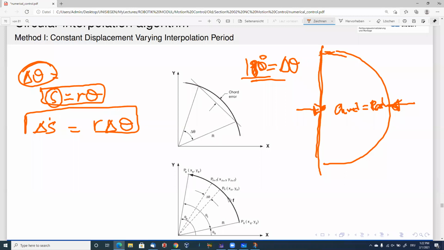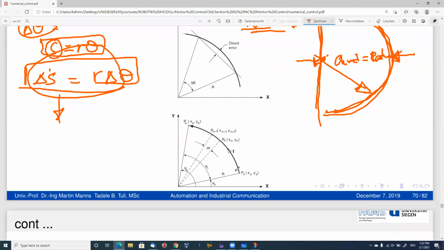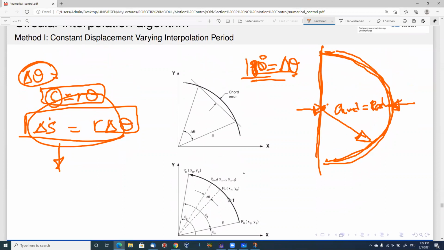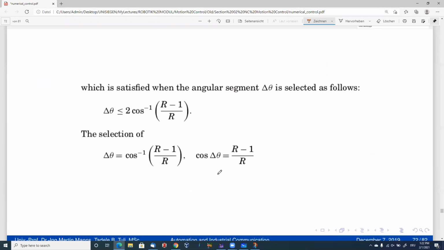So this arc length delta S is equal to the radius times this delta theta, which is 180 degrees. In order to be realistic, this delta theta shouldn't be greater than this equation, which is this one.